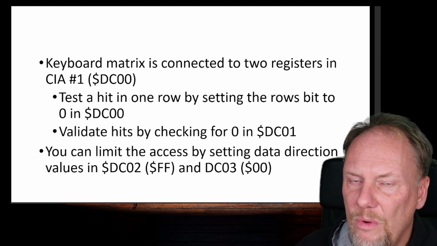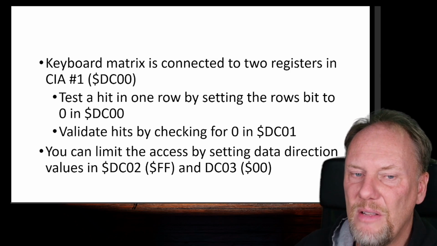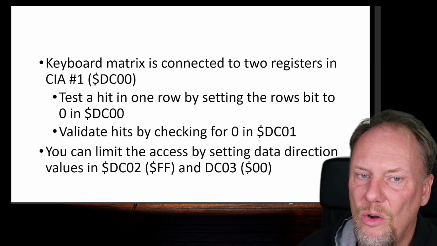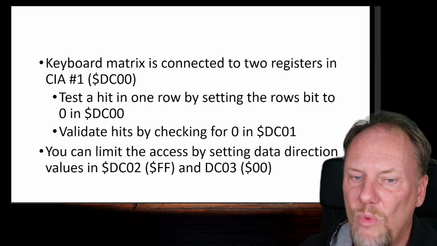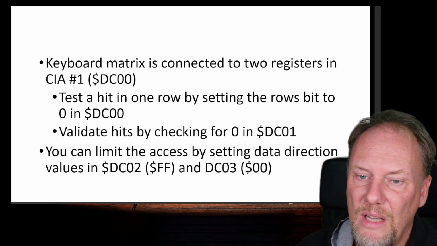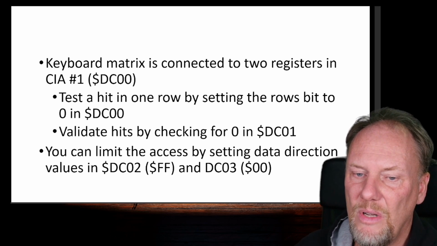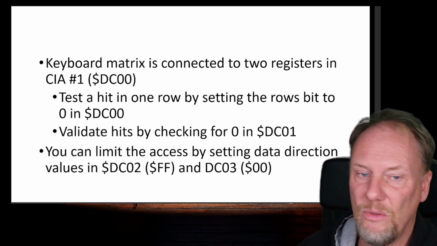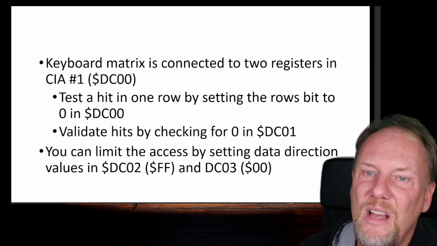The way you validate the key presses is that you put a value in DC00 and then you get something returned in DC01. There is also a data direction register here. So you put an FF in DC02 and you put a 0 in DC03. That is to ensure that one is all in and one is all out. And I don't know which one is which, so I'm skipping that part.